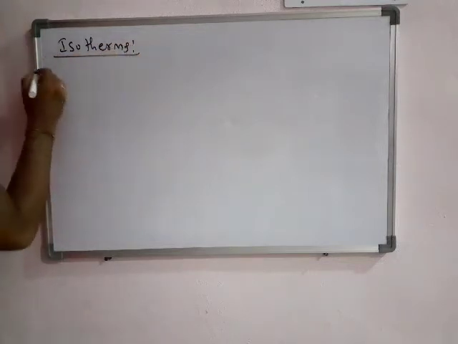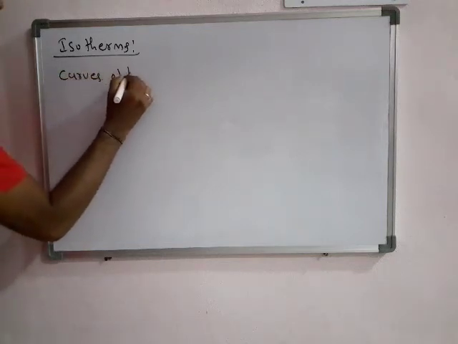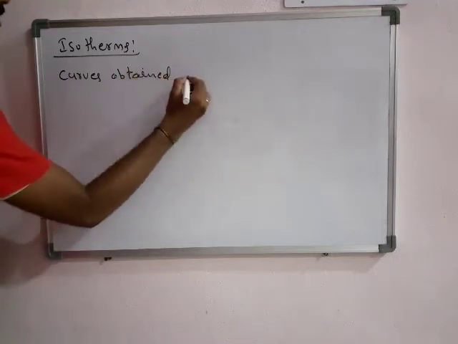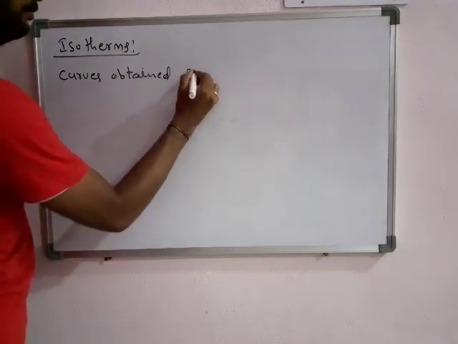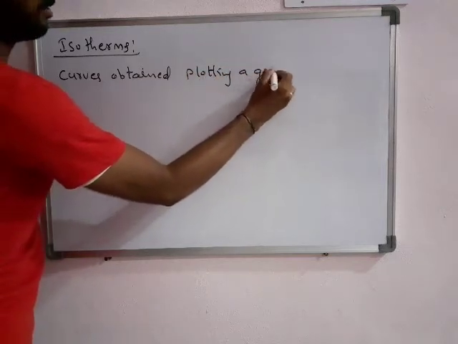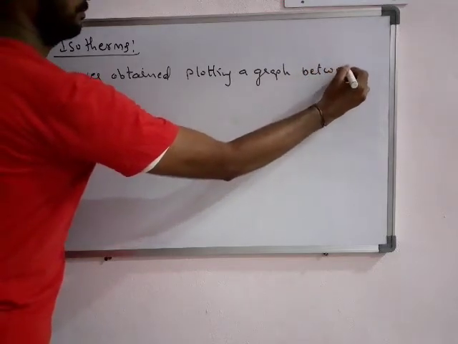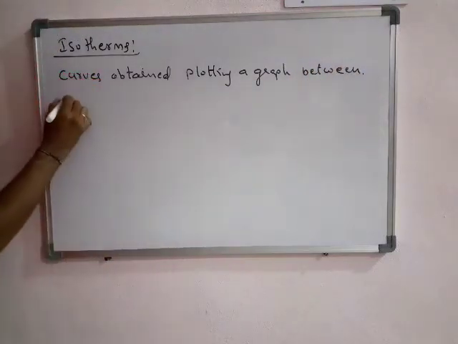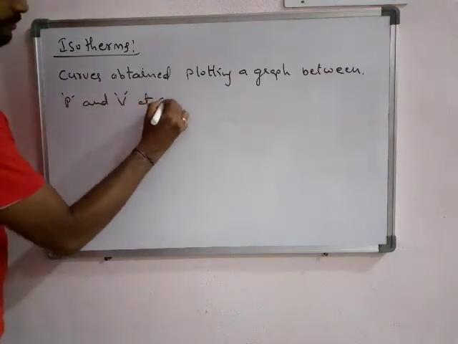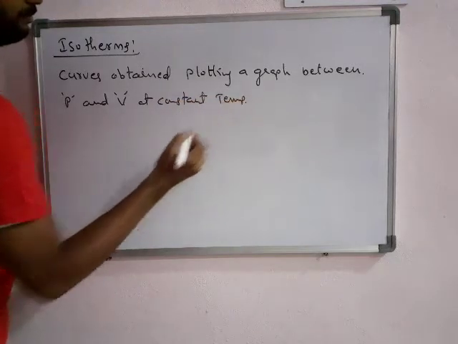So isotherms are the curves obtained by plotting a graph between pressure and volume at constant temperature.